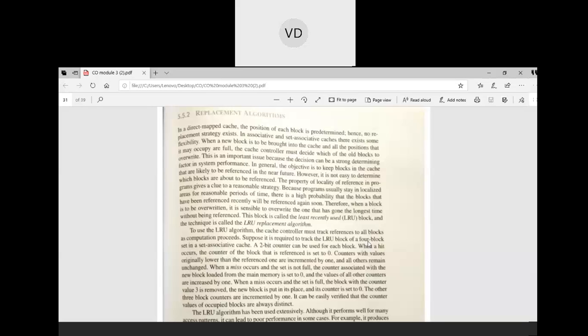Block number 2 is used 3 times and block number 3 is referenced 2 times. So block number 0, 1 time; block number 1, 2 times; block number 2, 3 times; and block number 3, 2 times. So this is how we are going to proceed. So what do I have here?